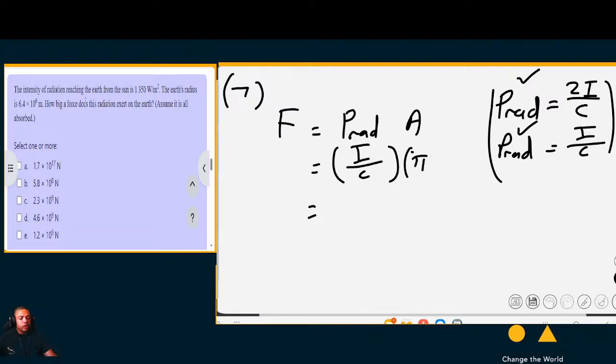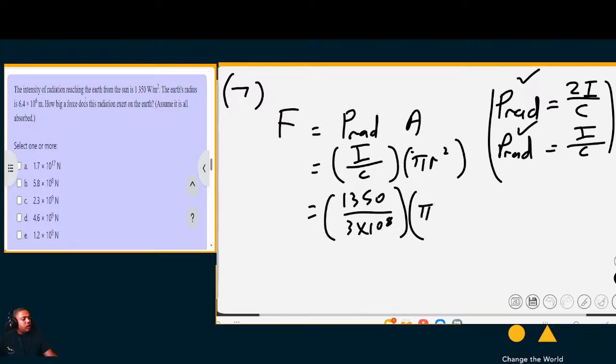Remember, even though it may be a sphere, we are just looking at a cross-sectional area of this thing. So the intensity is 1350 watts per meter squared. The speed of light is 3 times 10 to the 8. We multiply that by pi times the radius of the Earth, which is 6.4 times 10 to the 6 meters.